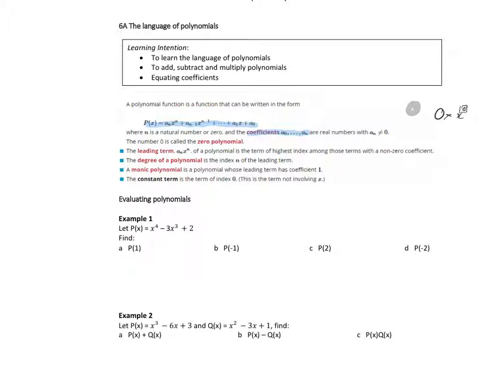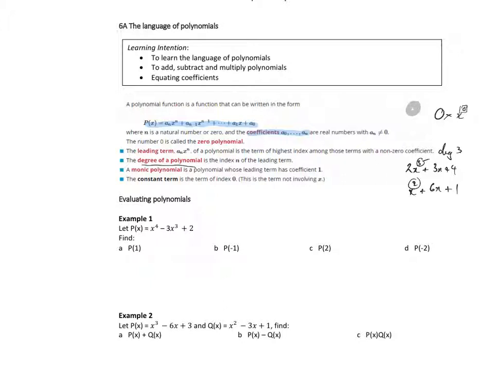The degree of the polynomial is the highest power of my polynomial. So for example, if I have the polynomial 2x cubed plus 3x plus 4, it's got degree 3, as opposed to x squared plus 6x plus 1, which has degree 2.